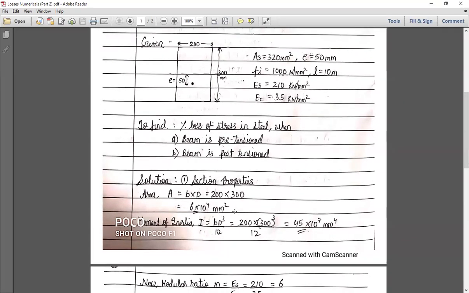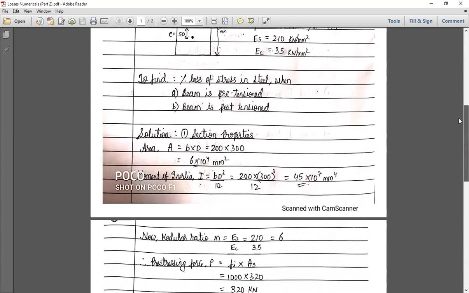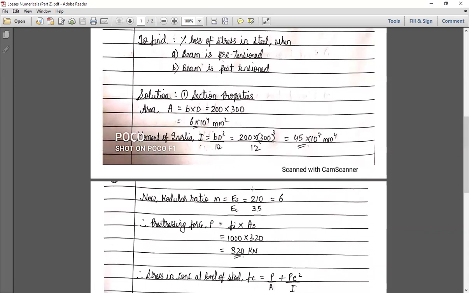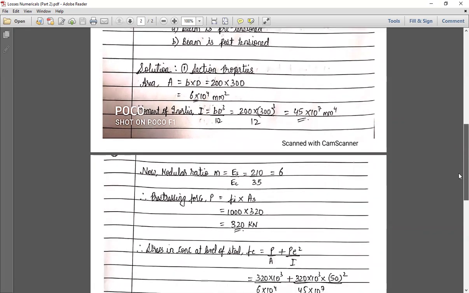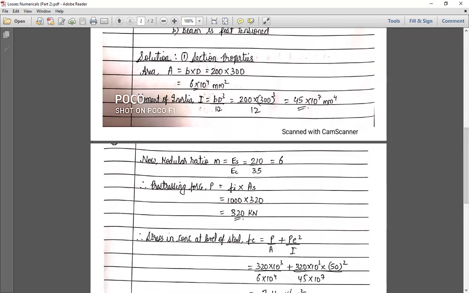So area is given. Okay, area we have calculated. Then moment of inertia, BD cube by 12. Then modular ratio. Now since initial stress दिया है और area दिया है, so we will find out the pre-stressing force which is given by stress into area. Now again we'll find out the stress in concrete at the level of steel.